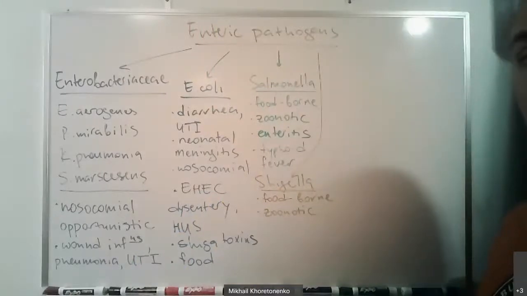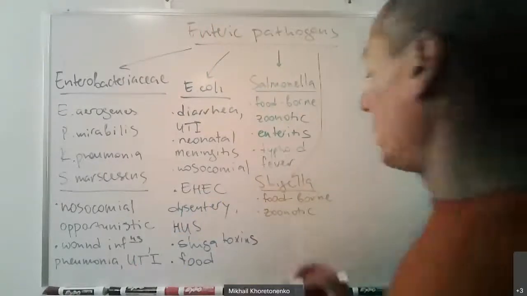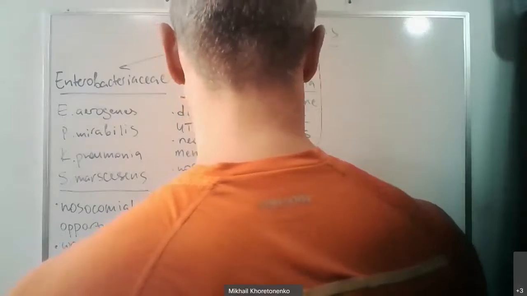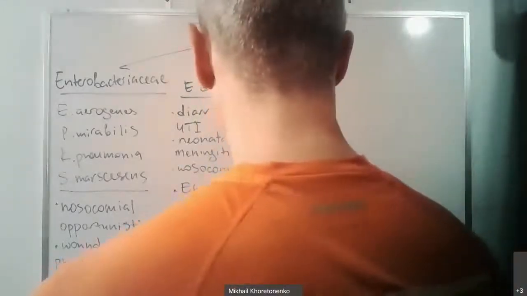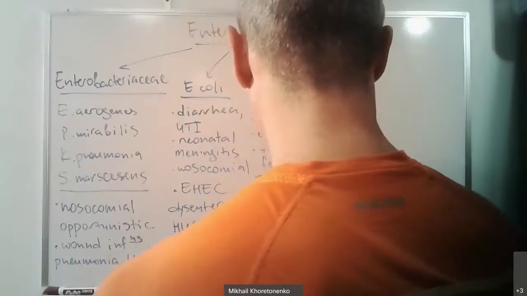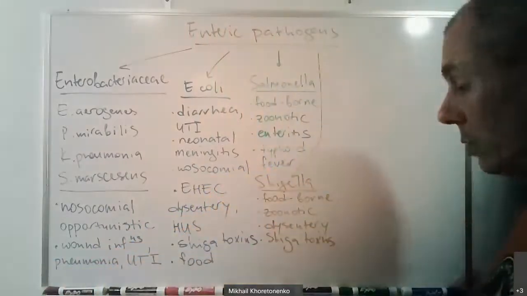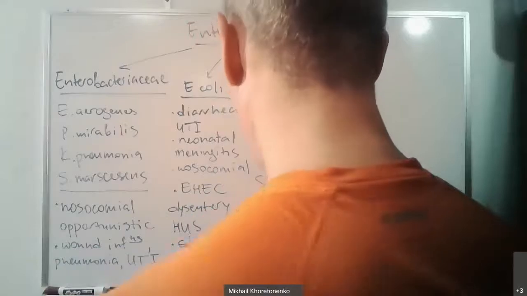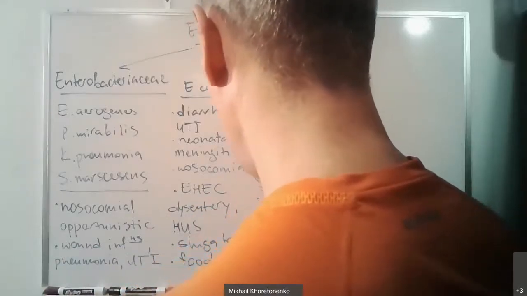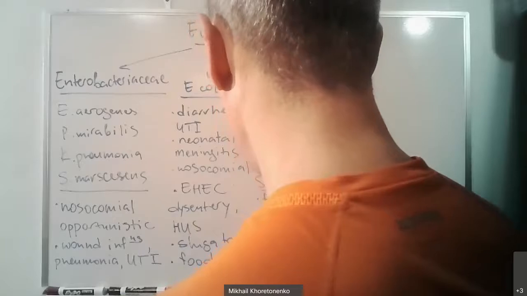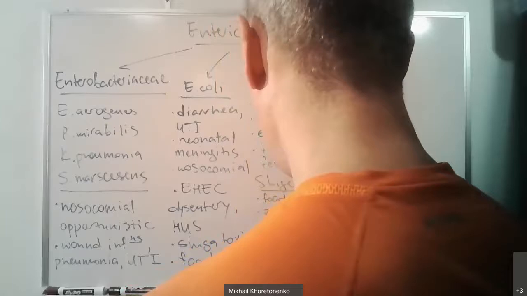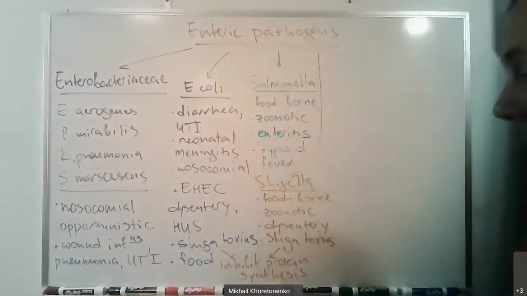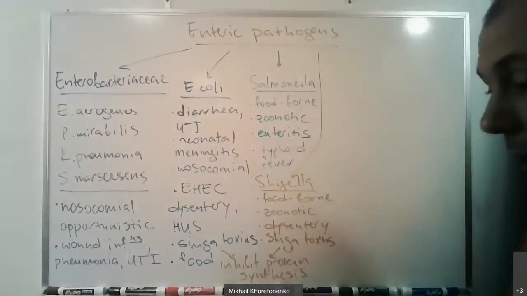But Shigella is more severe than Salmonella since it causes dysentery, due to the presence of, just like with EHEC, Shiga toxins, which, as I mentioned before, inhibit protein synthesis. So far, we're good?